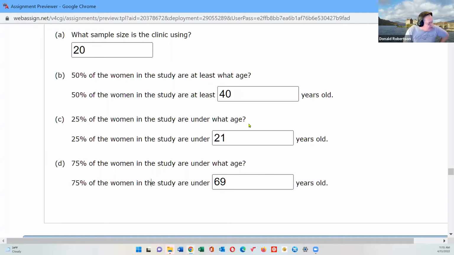Now, if you look at the middle 50%, the middle 50% are 21 to 69, agreed? Which means the other 50% are younger than 21 or older than 69. So can we throw those people out as not likely to be pregnant? Most of them, at least. Maybe you get an 18, 19, but most of them.